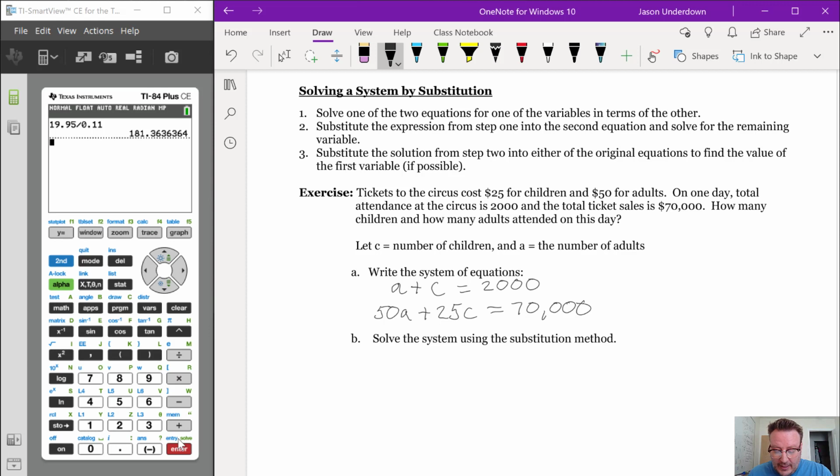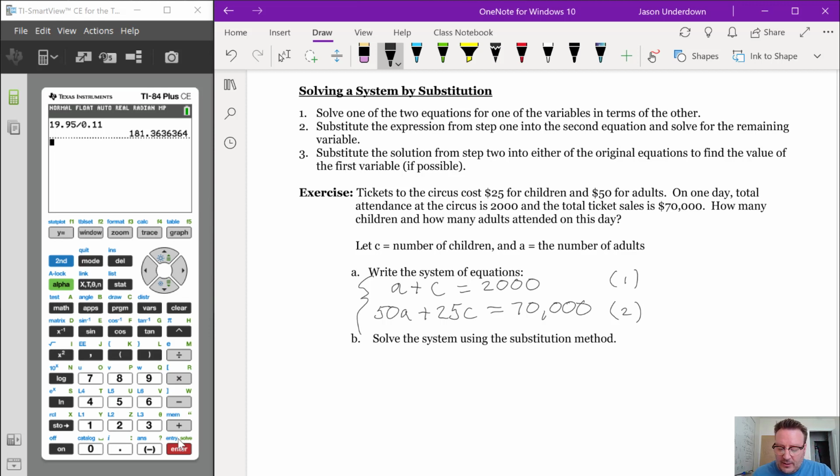Okay, part B, solve the system using the substitution method. Step one is to solve one of the two equations for one of the variables in terms of the other. What does that mean? I'll call this equation 1, and this equation 2.